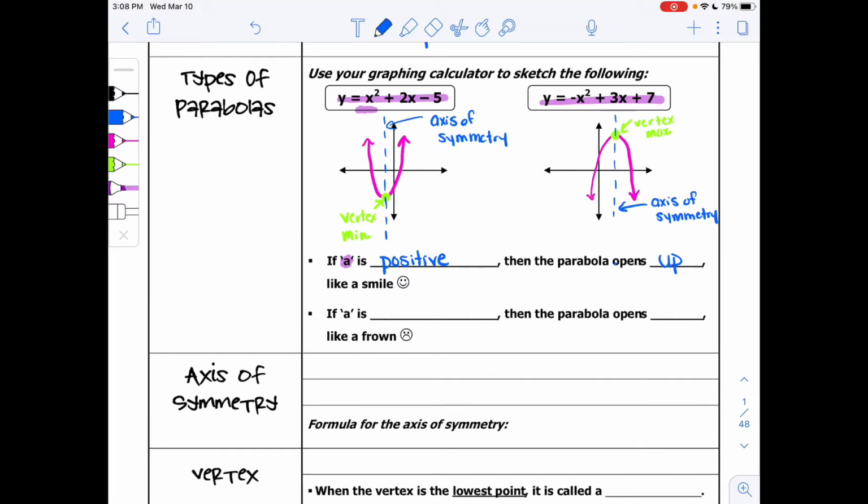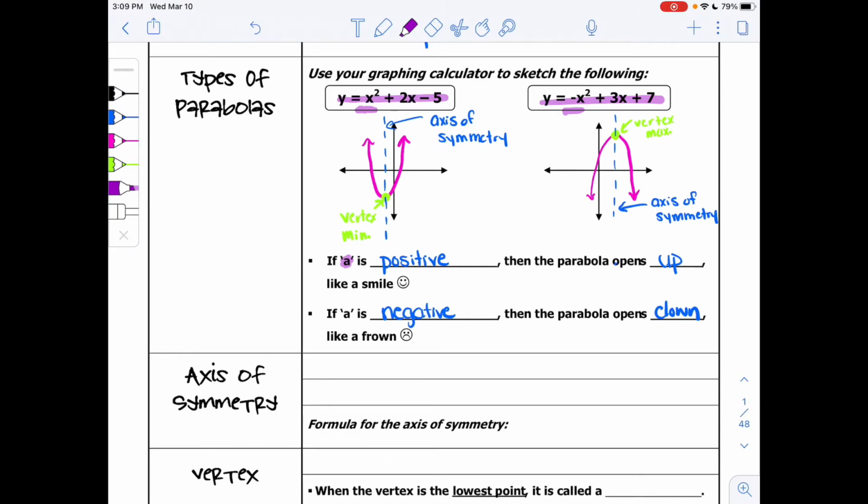If a is a negative number, then the parabola opens down. Again, that second one we put in our calculator, a is negative 1, so that parabola is going to open downward.